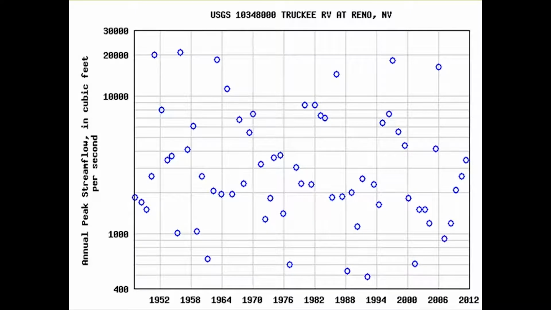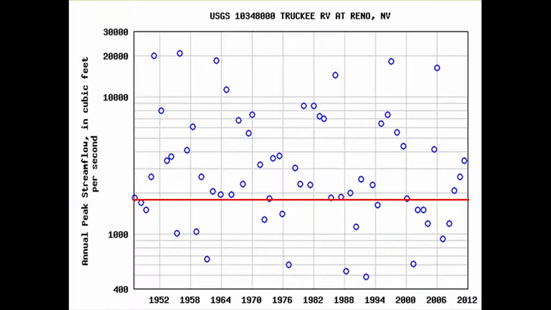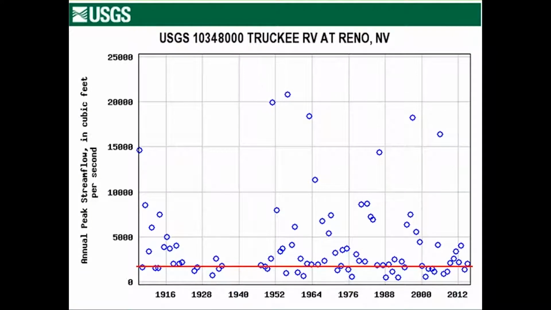Here's a slightly longer-term set of maximum discharges at that site. If you extend that a little more recently and back in the history a little further, that trend of about a third below that line and 2/3 above continues.